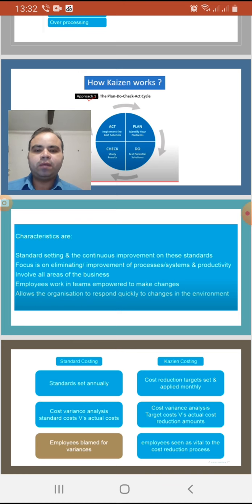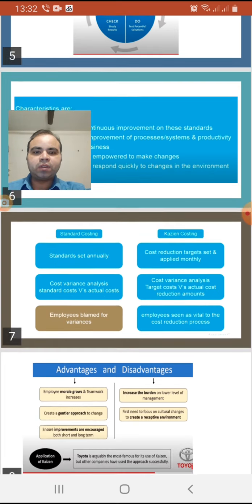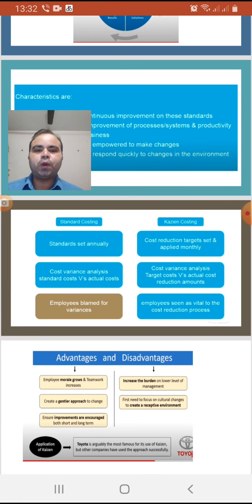Employees work in teams to empower them to make change. So it allows the organization to respond quickly to change in the environment. So if any change comes within the business environment, it allows the organization to respond quickly. So basically, this is the process.